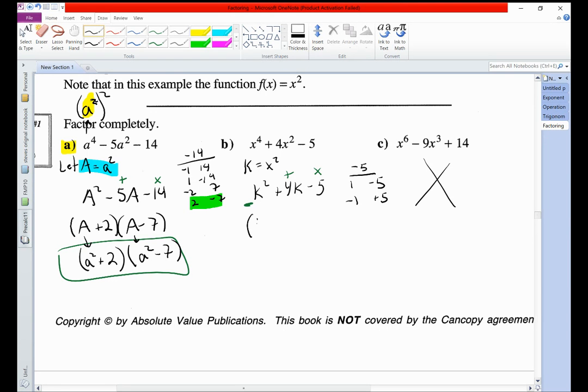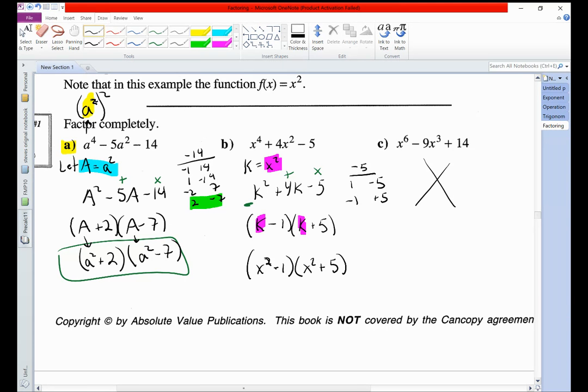So now we can make our answer K minus 1, K plus 5, and then the last step is to substitute our x squared back in where we see K. So now we can say x squared minus 1 and x squared plus 5.